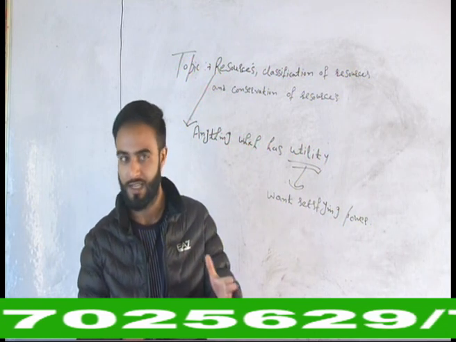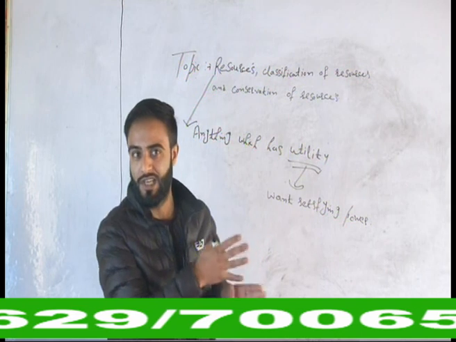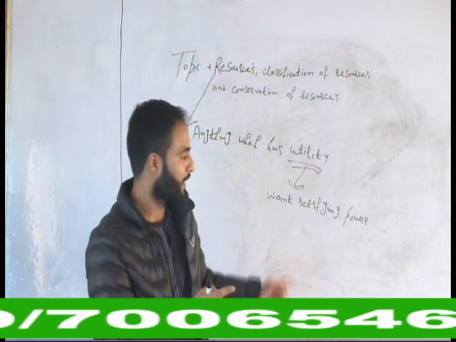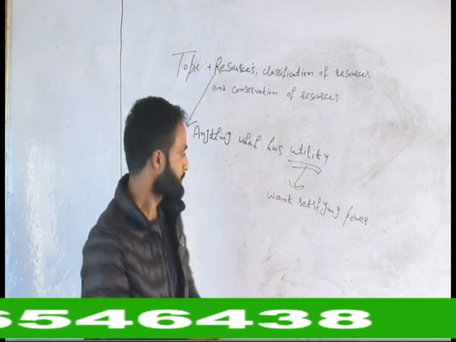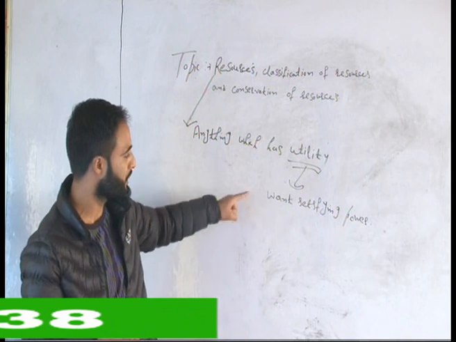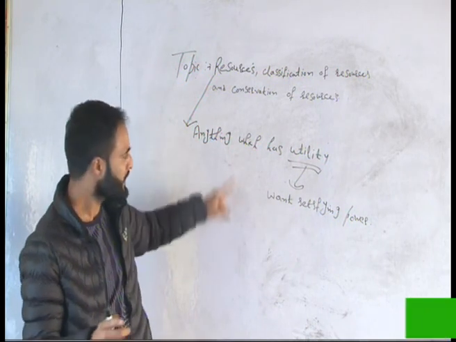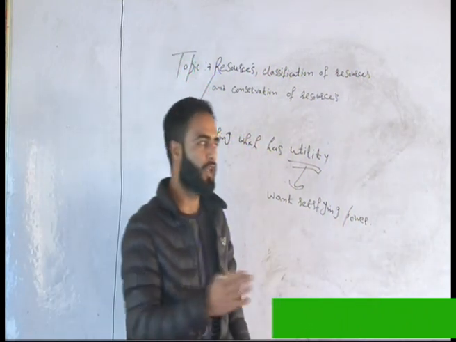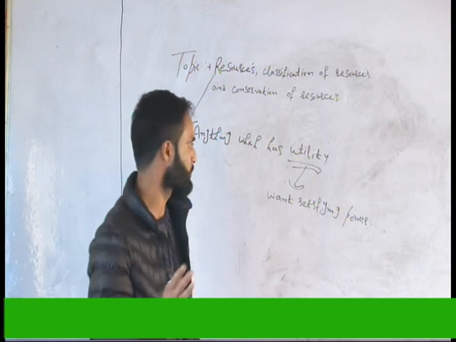The power hidden in that medicine can't be hidden in this food. So remember, a resource is anything which has utility, and utility means satisfying power. It is because of this utility that we use a variety of resources in our day-to-day life.